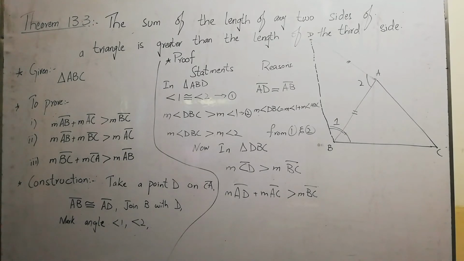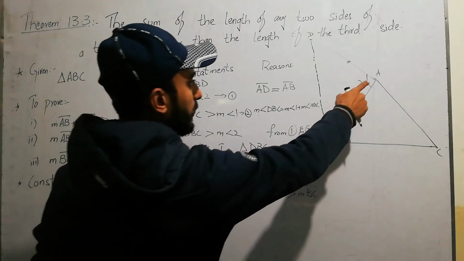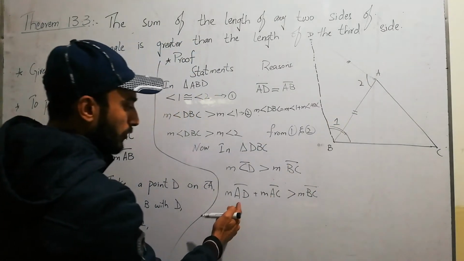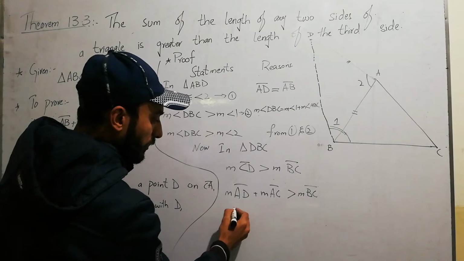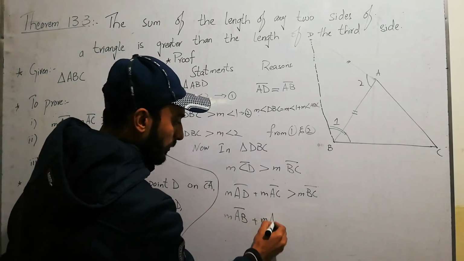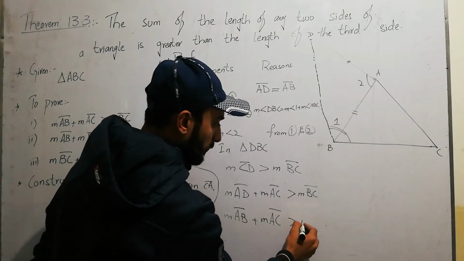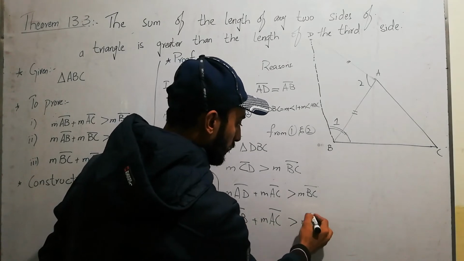In construction we can say that AD is congruent to AB. So instead of AD we can write AB: measurement of AB plus measurement of AC is greater than measurement of BC.